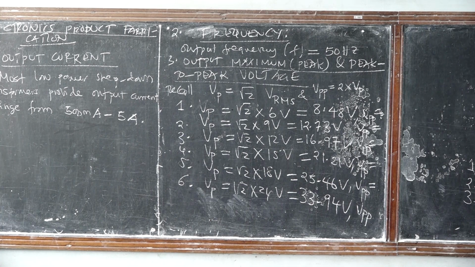The input unit will consume some current, the control unit will consume some current in order to work, the output unit may consume some current, and the communication unit may consume some current. So you have to know the total current of your system before you choose the step-down transformer. Is it clear?